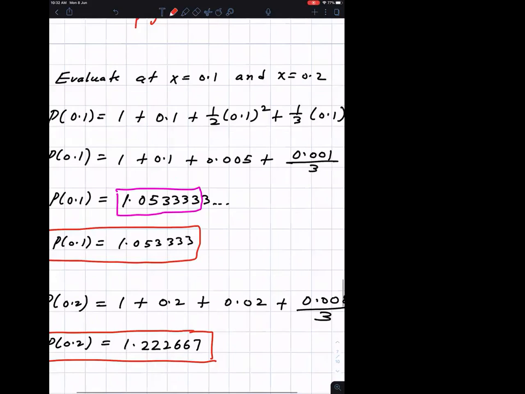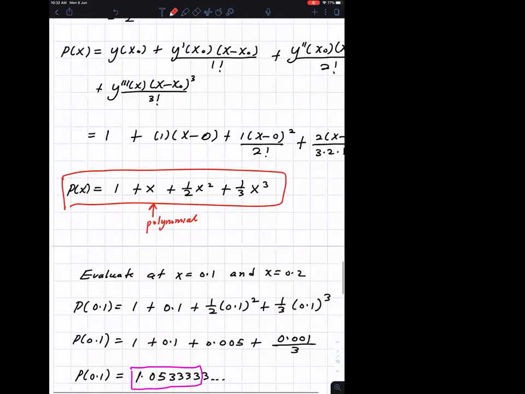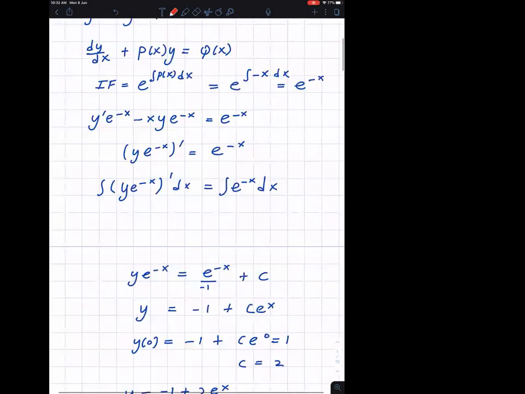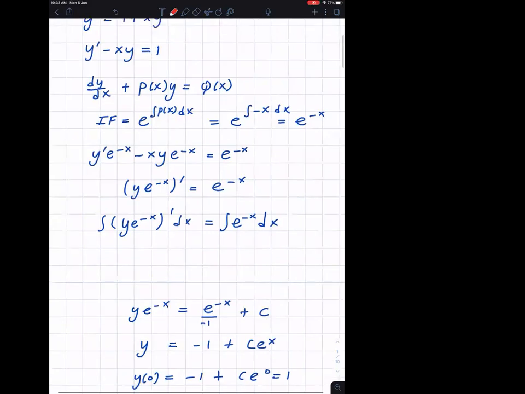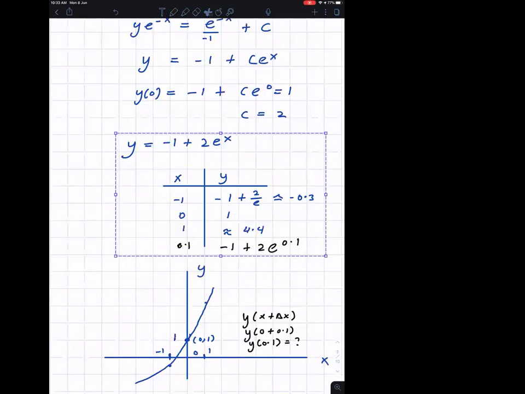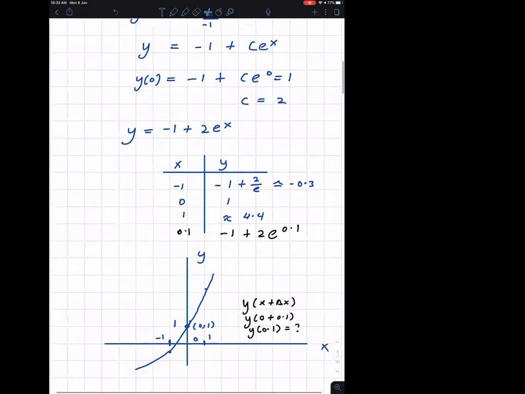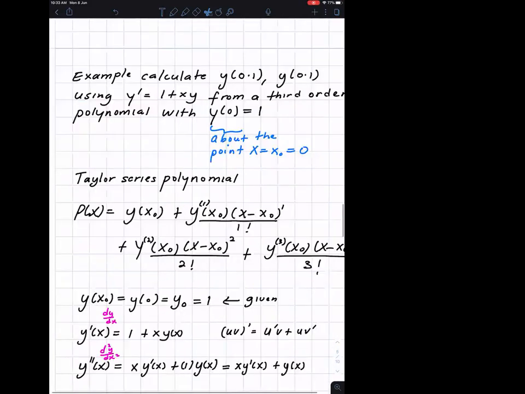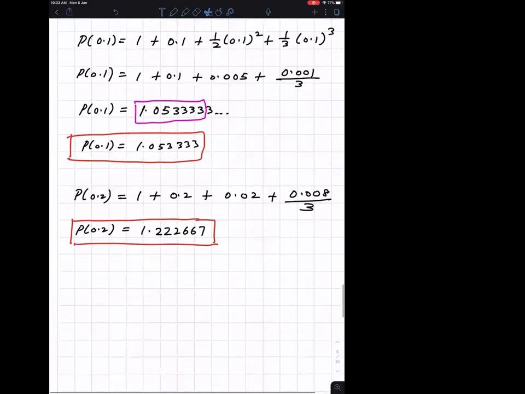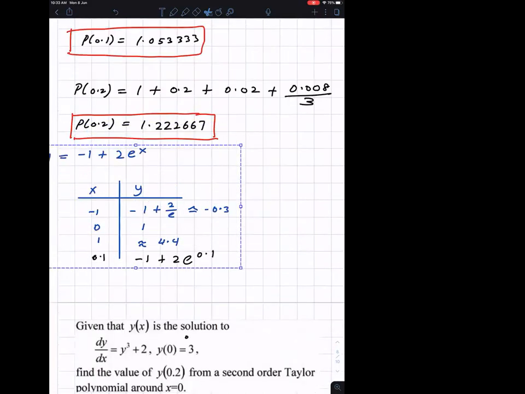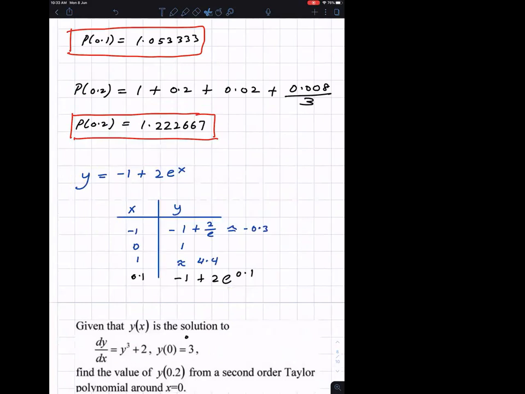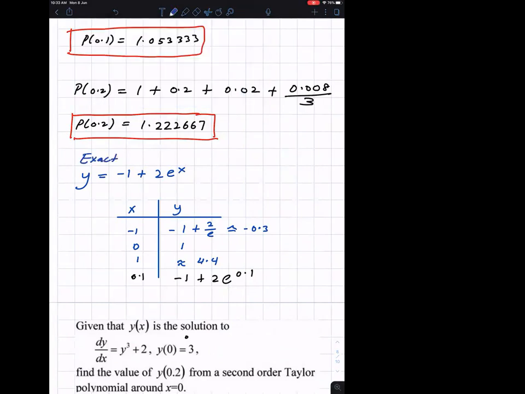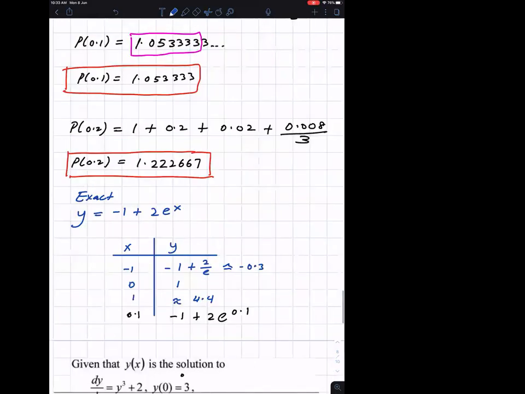But if you do the exact value, this is how you find the exact solution, with the exact answers. This is our approximation.